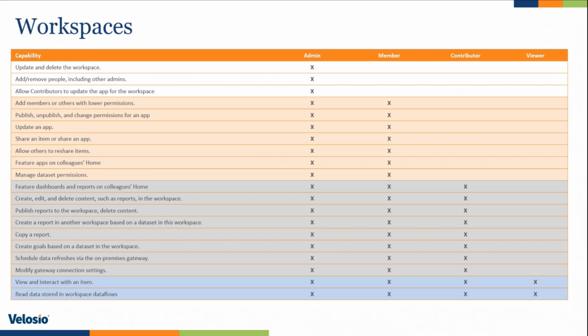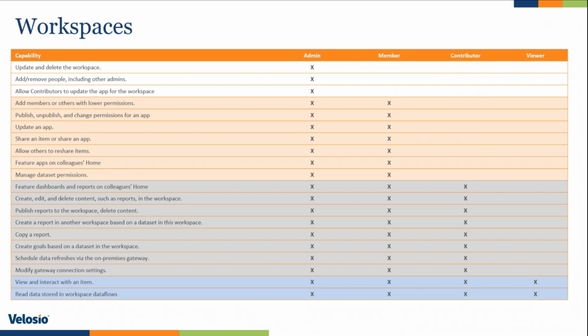The way that I like to describe these is first start with the ones that are easy. Notice the admin has access to do absolutely everything within the workspace. It is a best practice to add more than one admin to a workspace. That way you are not losing content in case of turnover or people changing jobs. So notice the admin can do literally anything.